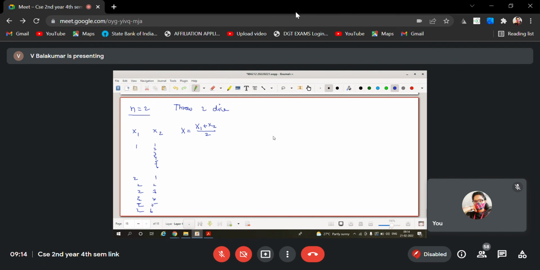Or you have to write like this: X1 on that side, X2 on this side. So here 1,1, 1,2, 1,3, 1,4, 1,5. In this way you have to write. Then what are the possible capital X values?